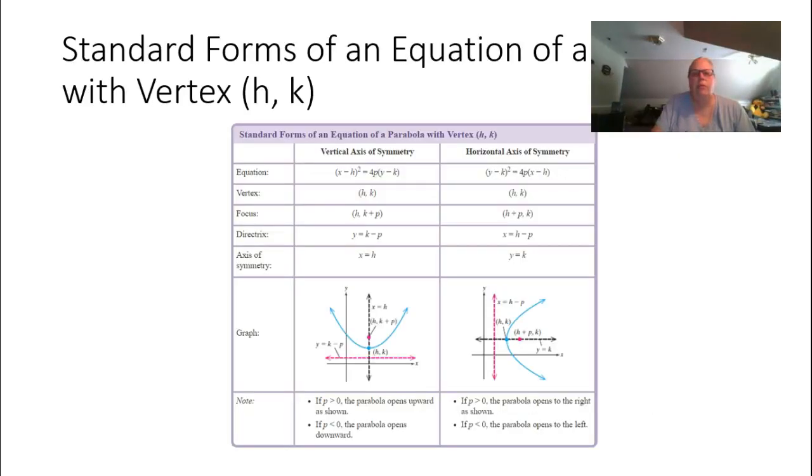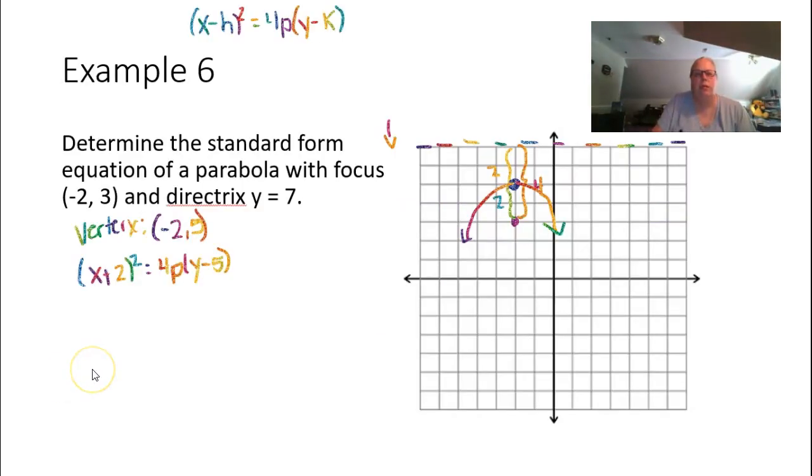Okay, the focus formula, and here it is. It's going to be h and then k plus p. All right, that's important. This is h, and this is at k plus p. Now, we also know that the focus has been given to us as being -2 and +3.